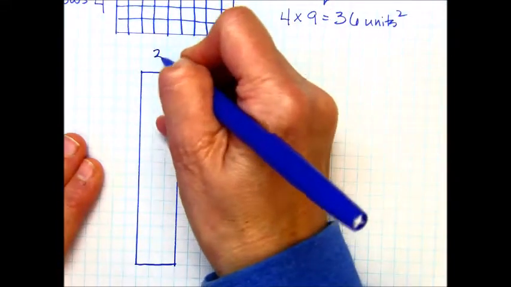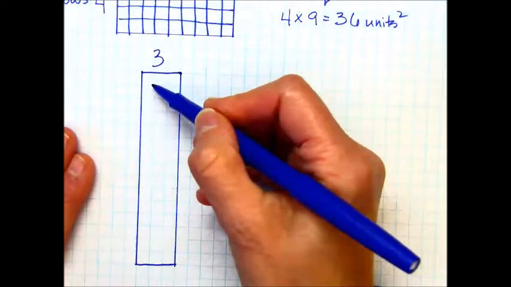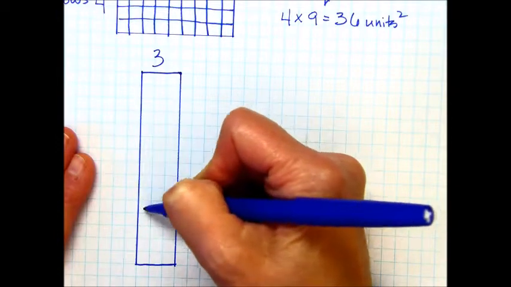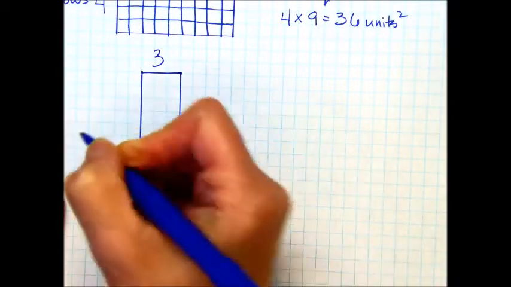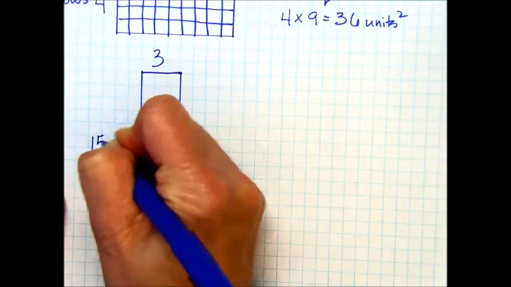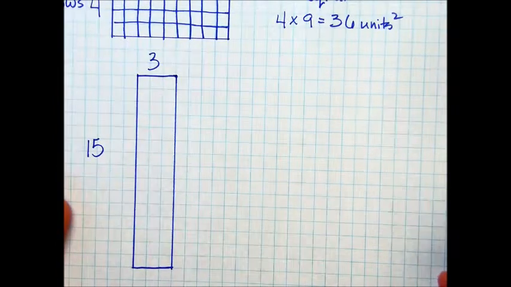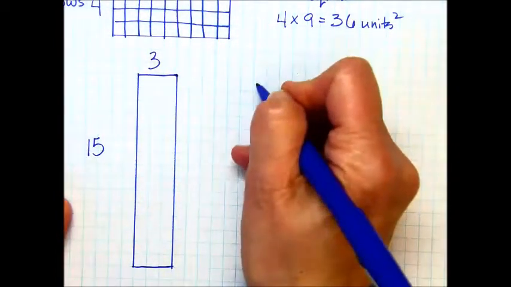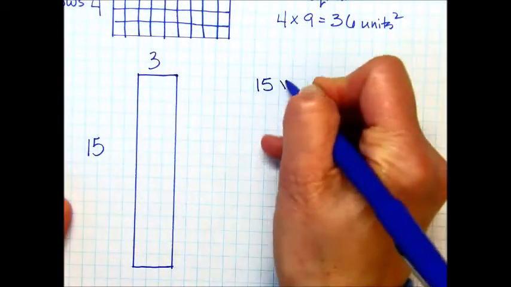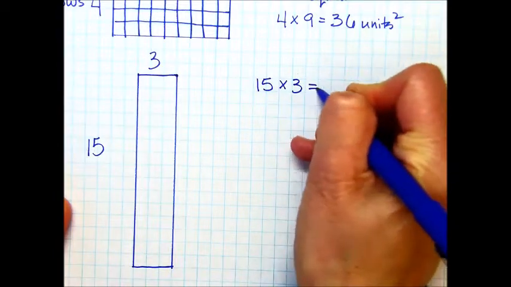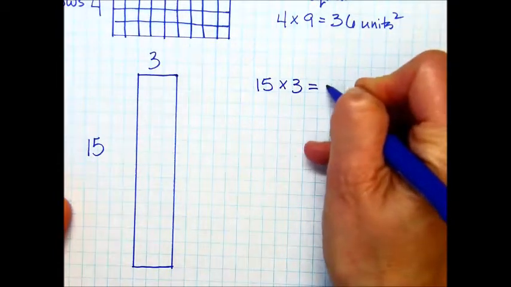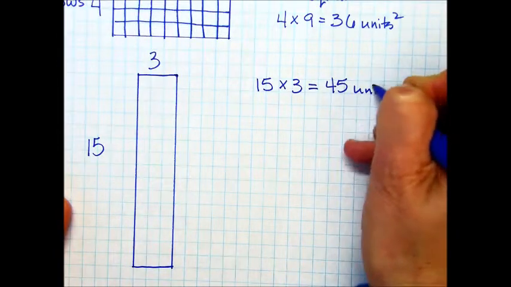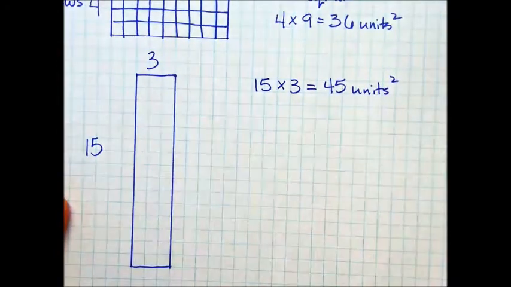Looks like we have 3 columns, and 1, 2, 3, 4, 5, 6, 7, 8, 9, 10, 11, 12, 13, 14, 15 rows. So to figure out the area of this rectangle, we would multiply 15 times 3, and that would give us 45 units squared.